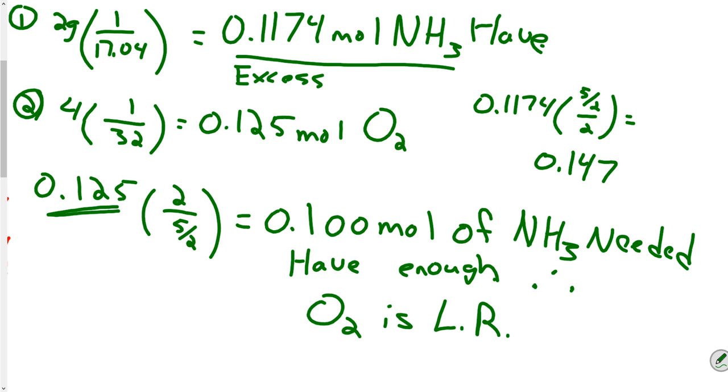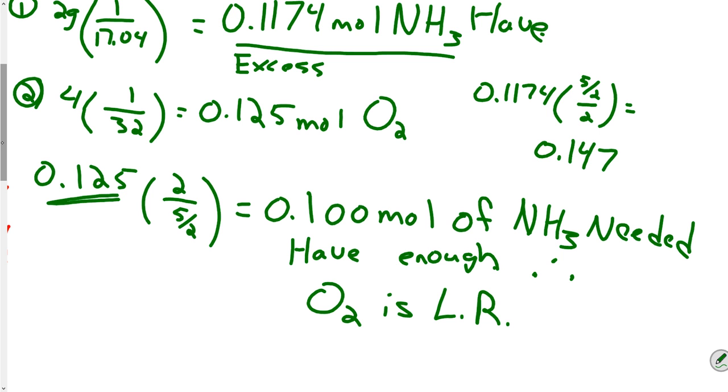So what we want to find out is how much ammonia is going to be left over. You take what you have and subtract what you're going to use, which seems fairly straightforward, right? So you take your limiting reagent, what you have. Yeah, this is what you have, this is what you use.